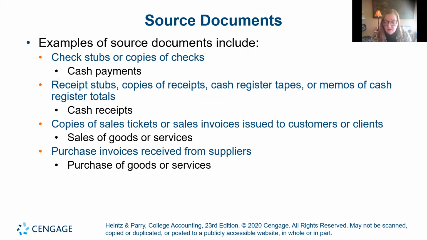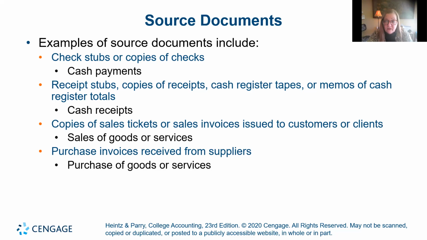Okay. All right. Now, the next thing, there are source documents that we need to be familiar with. One example would be check stubs or copies of checks, or an electronic record that the bank provides you of such, because sometimes we use those now to make recordings. That would be for cash payments that we make. And then on the receipt side, for cash receipts that we collect, we would also have receipt stubs, maybe copies of the receipts, cash register tapes, memos of the cash register tape.